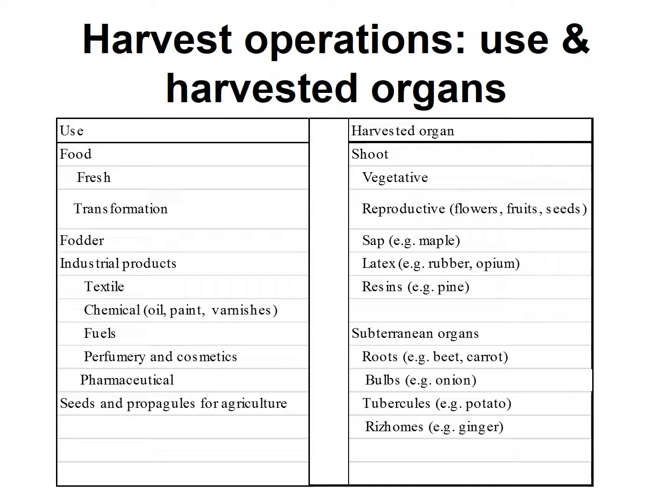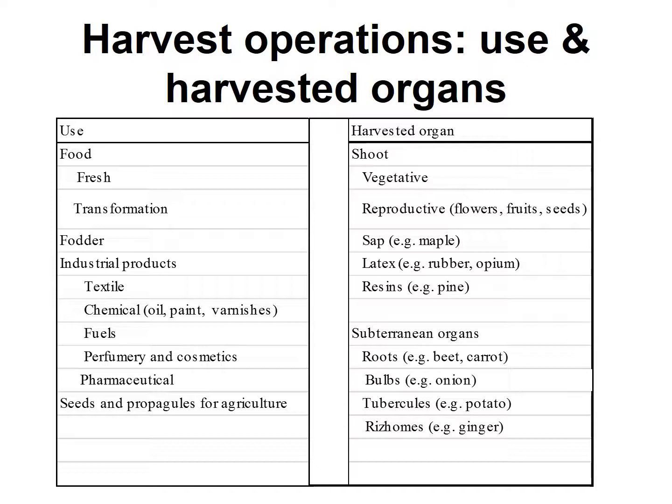According to the harvested organ, we may be collecting shoots, and in that case we may collect vegetative parts, but more typically we will collect reproductive organs like flowers, fruits, or seeds, and in some cases more specific organs or products like sap, for instance in maple, latex like in rubber or opium, and resins, for instance from pine.